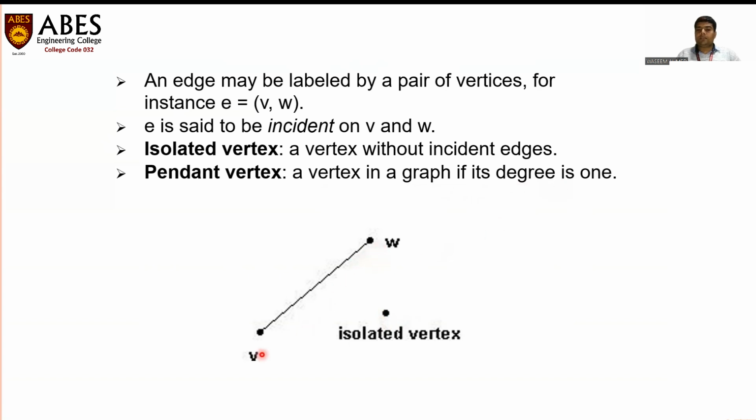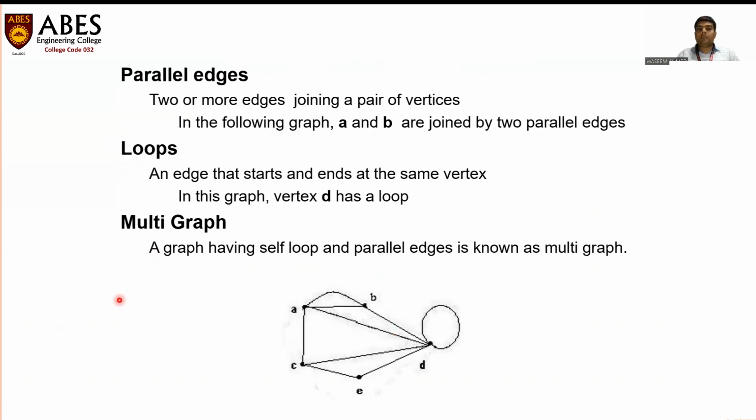For example, in this graph, the degree of vertex V is 1. Similarly, the degree of W and the degree of X is also 1. Next, we have parallel edges. If there are two or more edges joining a pair of vertices, we will call them parallel edges. In this graph, A and B are two vertices, and these two vertices have two parallel edges, as shown in this graph.